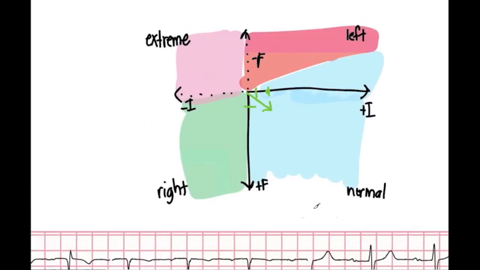So what can we say about this? Anytime F is positive and 1 is positive, we're going to be within this normal quadrant. So if you have a positive 1 and positive F, you know you're going to have normal axis. Anytime that F is positive and 1 is negative, we know that we have right axis.